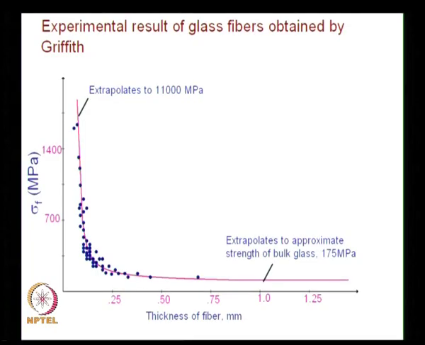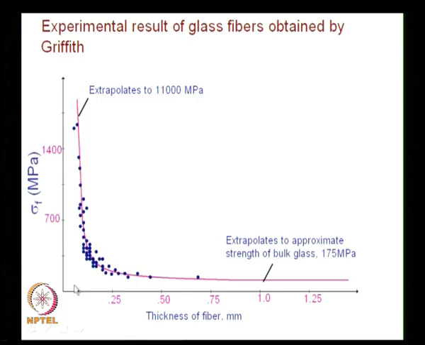See, if you look at the graph, we have noted that theoretical strength is around 11,000 MPa, whereas bulk glass strength is around 175 MPa. Because of the expression developed by Griffith, now we are able to say that the crack length for the bulk glass would be around 0.025 millimeter.